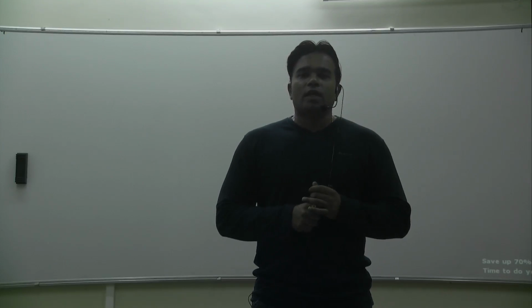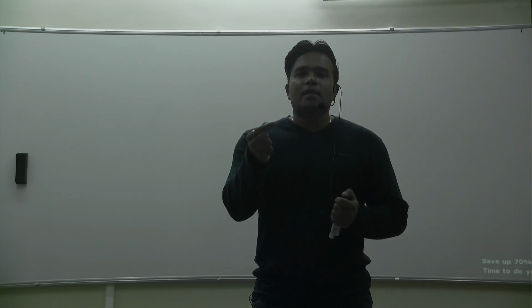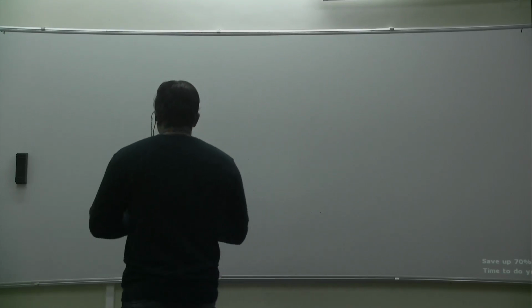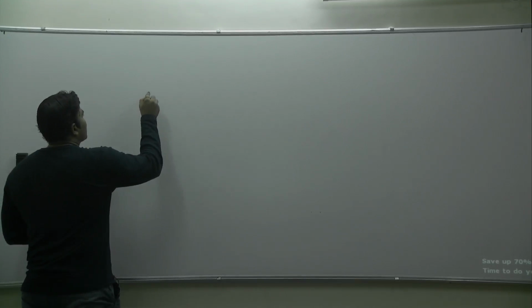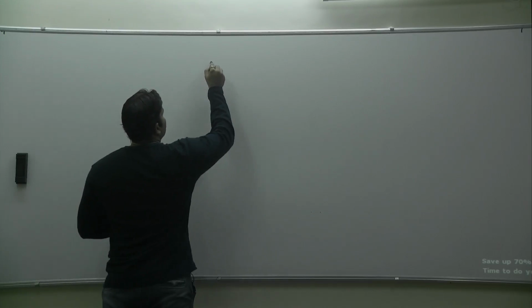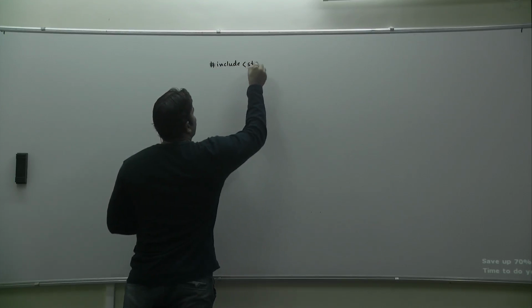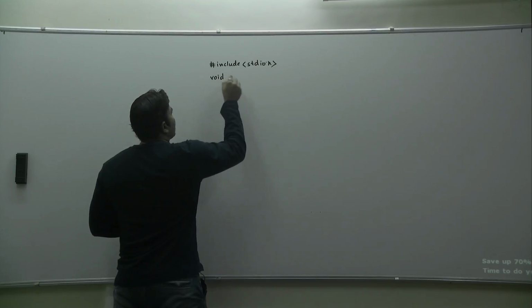Of course, in my first example, I'm just going to create a character variable, and I'm going to teach you again how to access it in the direct method and in the indirect method. Of course, all of you know it, but I still have to quickly give you this example. Notice, I write hash include stdio.h, after that void main.